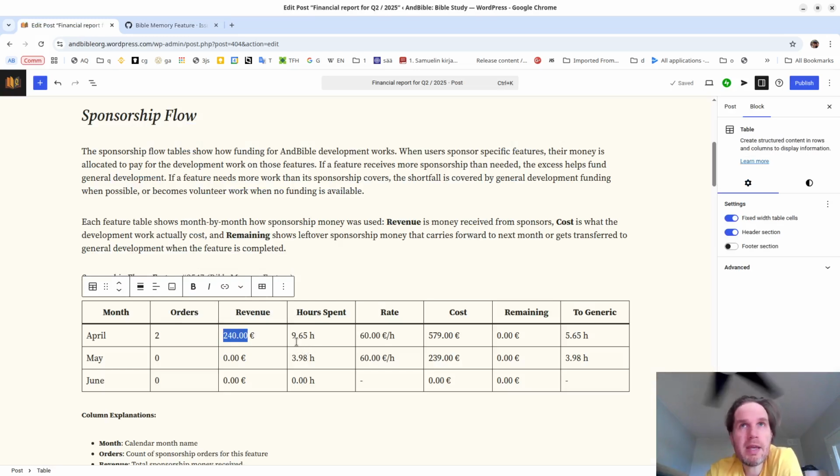Well, estimates are always estimates, and this time my estimate was an underestimate. It was taking actually much more time than I was estimating, and the cost for these 9.65 hours would be total 579 euros, and it is not enough.